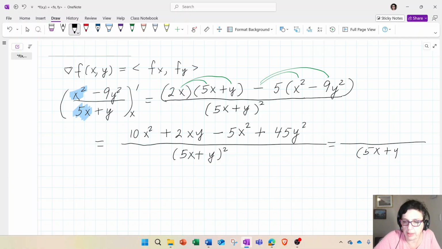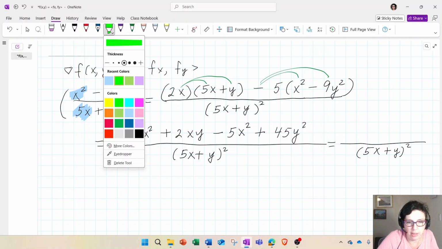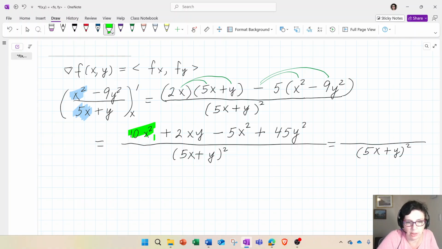So from what I can see, and by the way, never touch that bottom. It's already factored, and you do not want to do any foiling or nothing like that. God forbid you're going to start distributing the square to each part, which completely doesn't work. Leave it be. What I can tell is that I do see like terms. So I see 10x squared minus 5x squared, and that actually simplifies to positive 5x squared. Then we got plus 2xy and plus 45y squared.